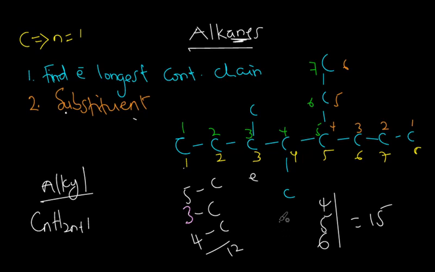So now that we know how to find our substituents and how to give them the least locant, the next thing we want to look at is the fact that if we have two of the similar substituents, we use the prefix di for 2, tri for 3, tetra for 4, and all that.